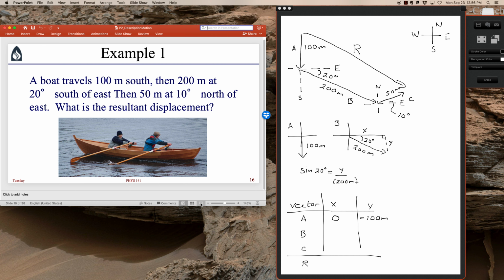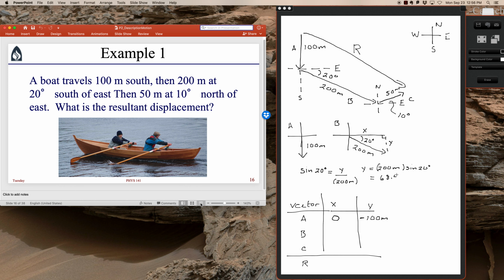So that means my y component is going to be equal to 200 meters times the sine of 20 degrees. And if I plug that into a calculator, I should get a value that is about 68.4.